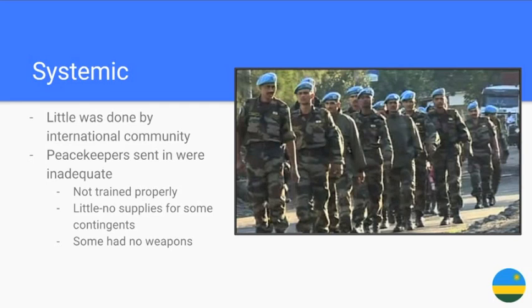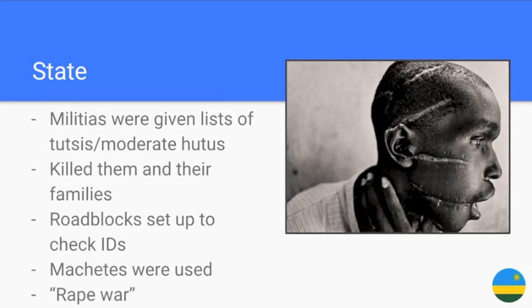There were little to no supplies for some contingents, notably the Bangladeshi one. Some didn't even have weapons. Considering the scale of this genocide, 800,000 people killed in 3 months, roughly, that's crazy. They just were completely unprepared. There were only around 2,400 peacekeepers in the area, so it was a disaster.